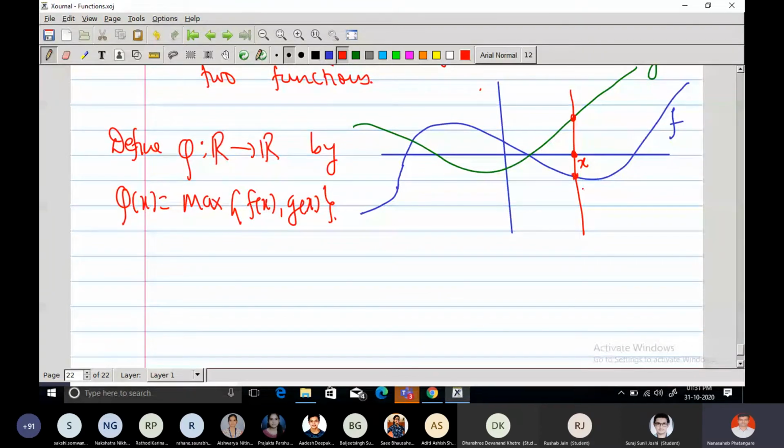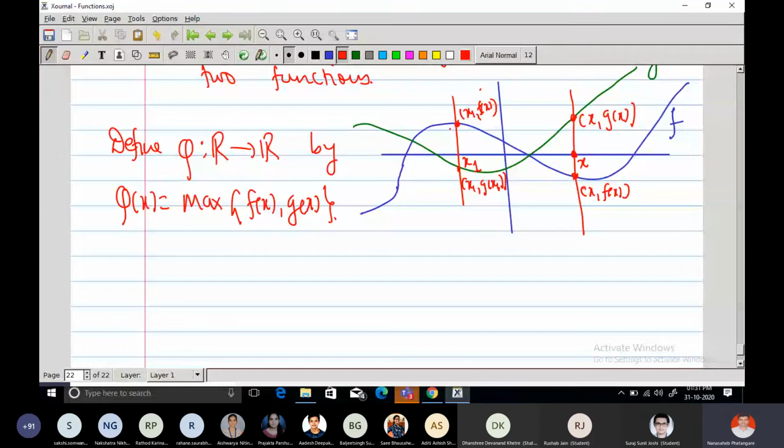This point is x comma f of x, and this point is x comma g of x. So g of x is the maximum, so at this point I define phi of x to be g of x. But at this particular x1, what is phi of x? f of x. So whichever is the maximum, that value I will call the value of phi at x.